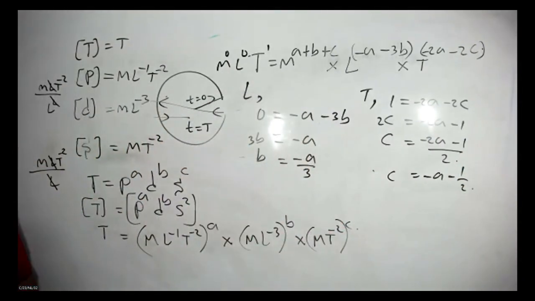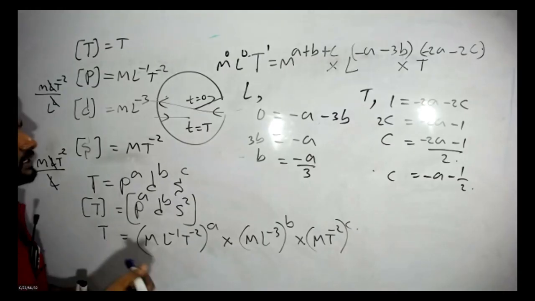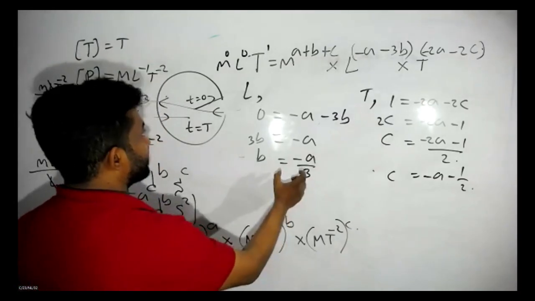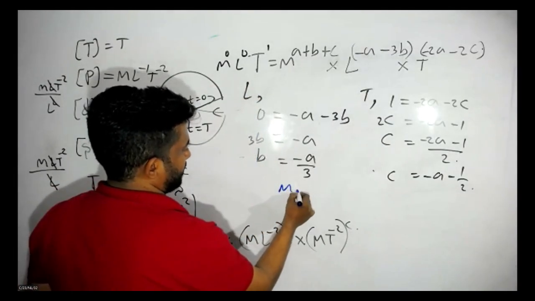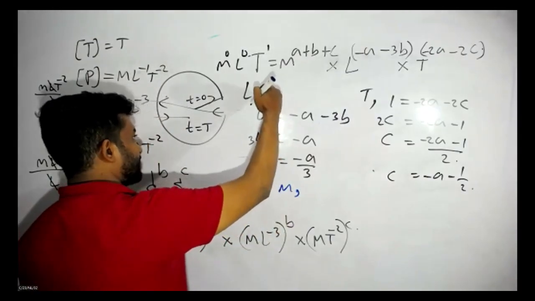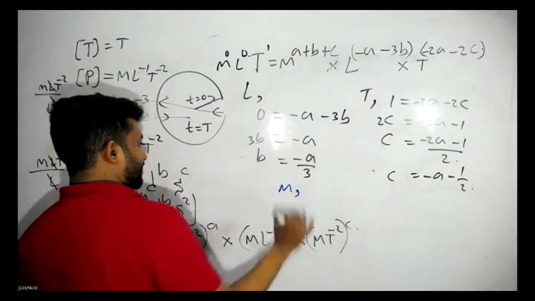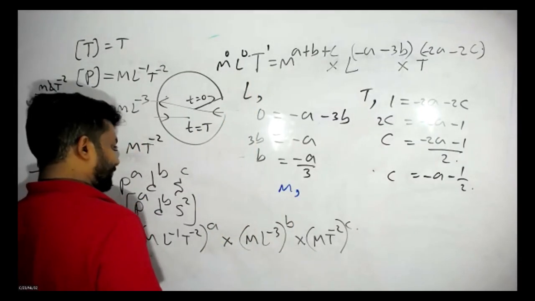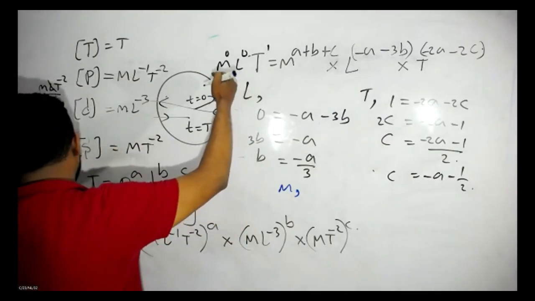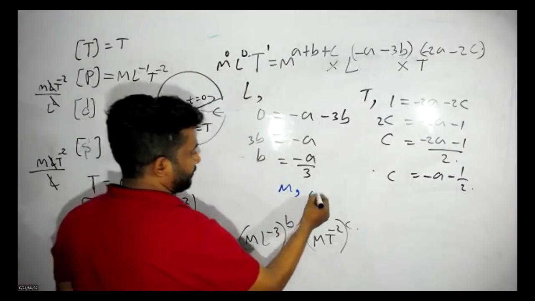Okay, then you can consider the dimension of capital M. First we considered the dimensions of L, then the dimensions of T, and now the dimensions of M. At the left side, the dimension of M is 0.